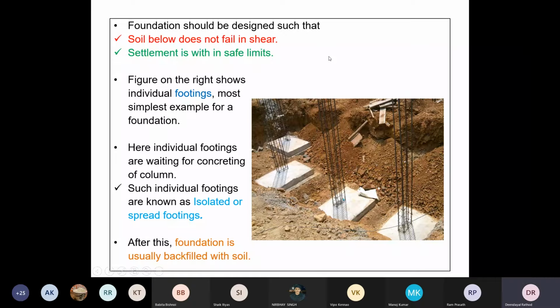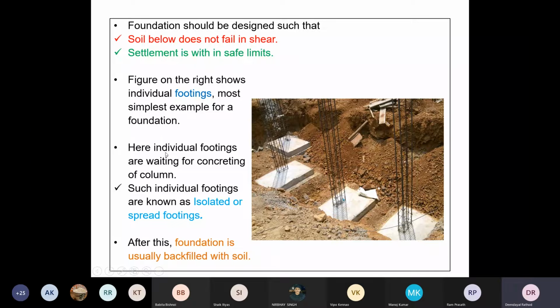The soil which is sandy and gravelly is good for our foundation. Clay type of soil is not good for our foundation because it tries to settle down and it is very soft. So foundation should be designed such that soil does not fail in shear and settlement is in the safe limit.